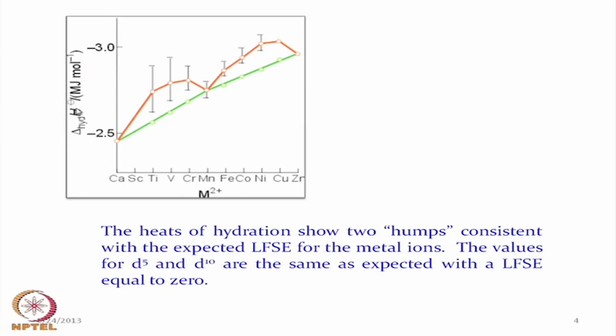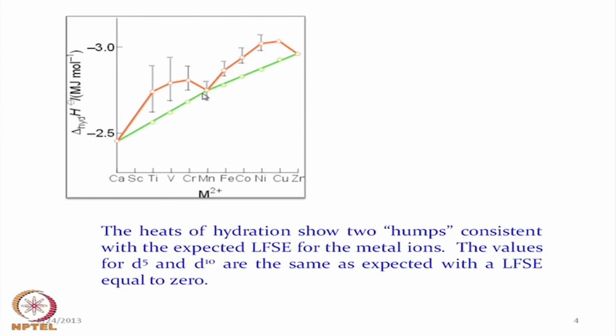It is the delta hydration H0 in kilojoule per mole, and these values have error bars depending upon the measurements and the salts used.